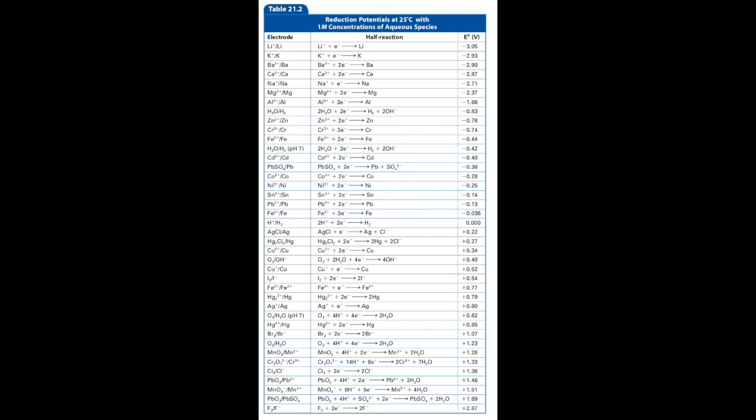And then the chromium plus 3 to chromium metal is going to be negative 0.74, right underneath that one. And so now you have your two reduction potentials.